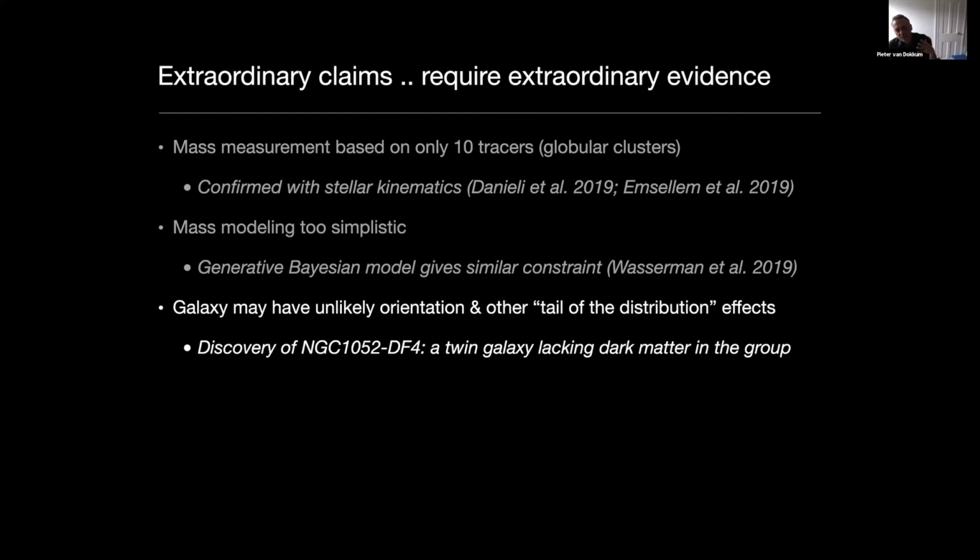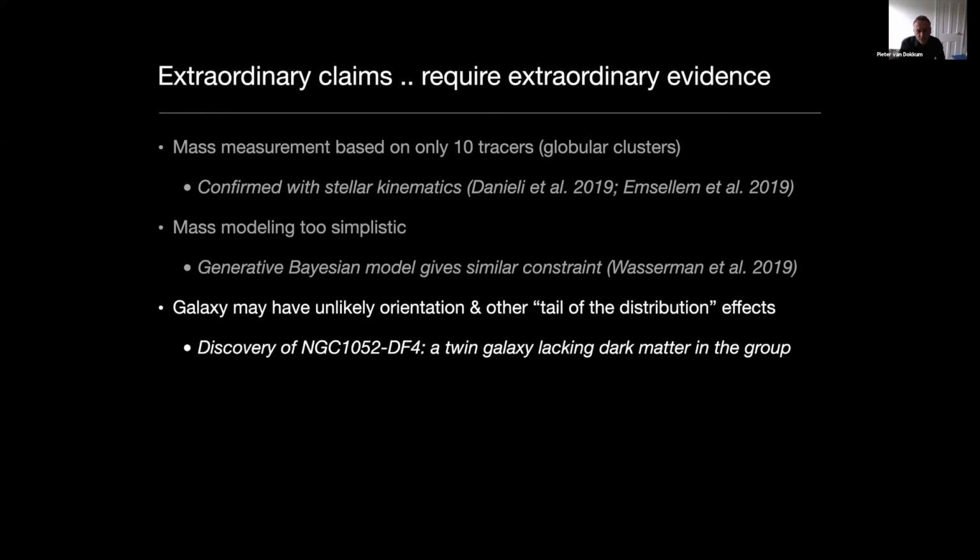So there were a lot of these tail-of-the-distribution effects, where if you find one object in the sky with a peculiar property, it could just be that you were unlucky or lucky, right? And that is not representative of that galaxy itself if you looked at it from another viewing angle, or had more data.